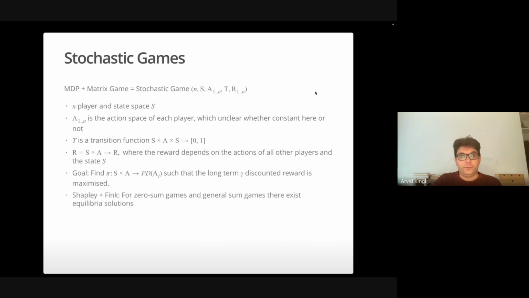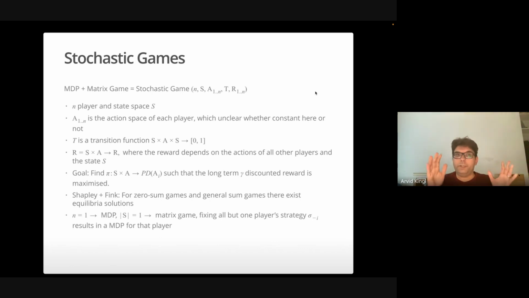And Shapley, who got the Nobel Prize, I think, in 2012, showed that for zero-sum games there is still an equilibrium, and Fink also showed that for general sum games that is also true, but they are not unique anymore. So these generalizations definitely have solutions. Just finding these solutions can be quite tricky.